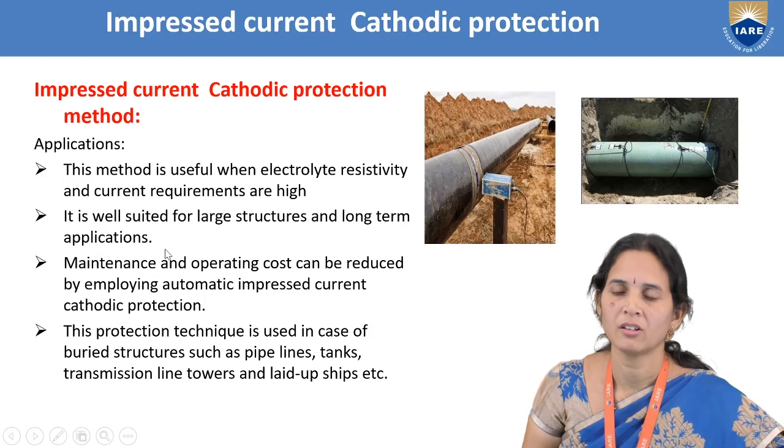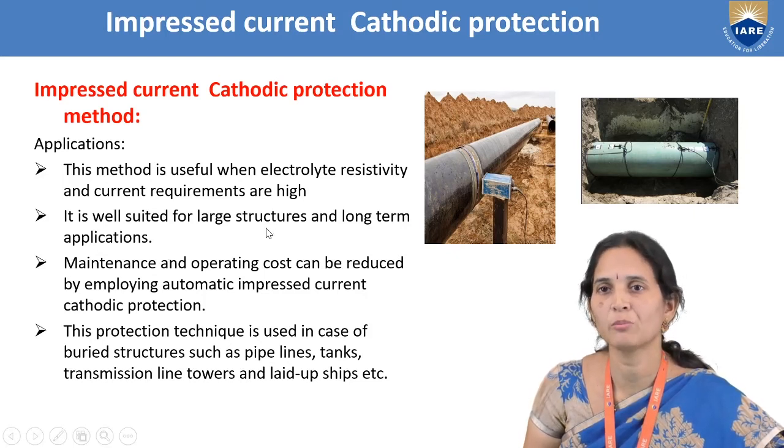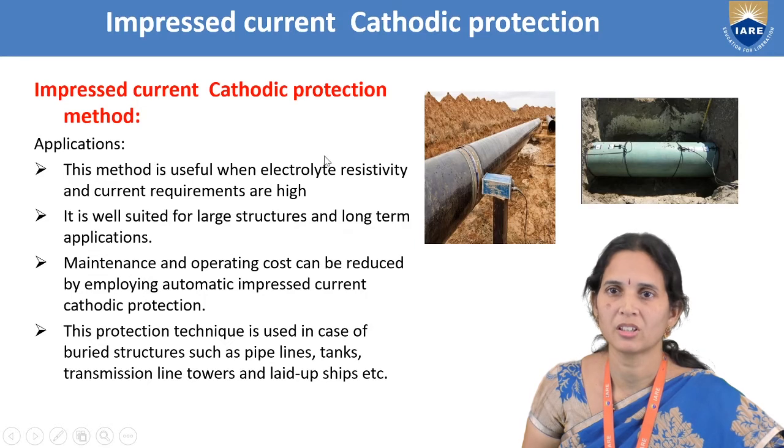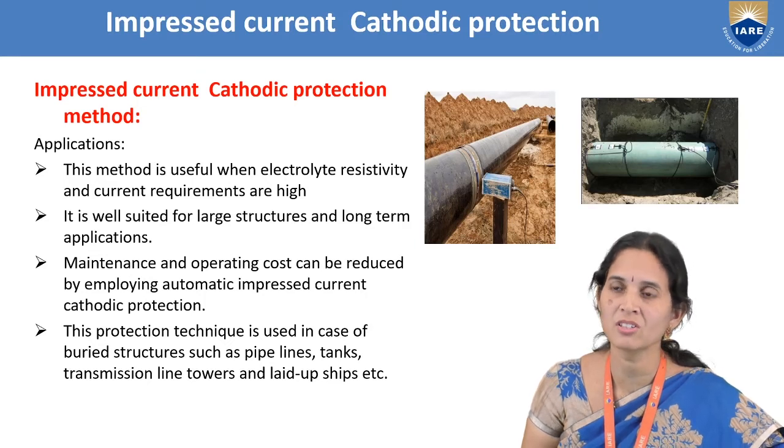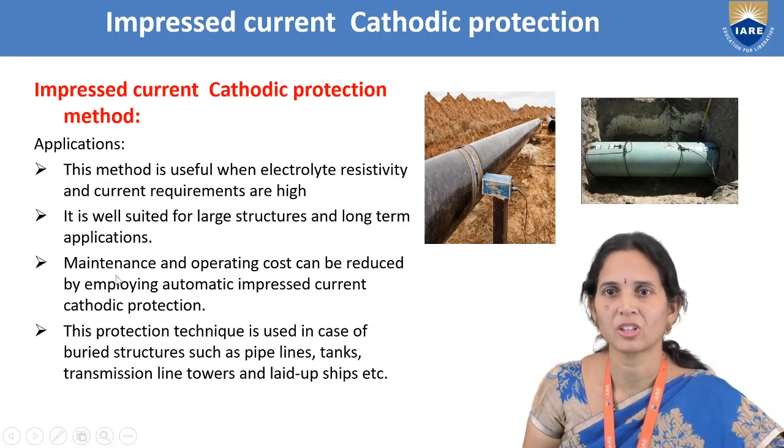When we are taking long pipes, like 100 kilometers long, or water tanks, that you want to protect, in that case we have to go for the impressed current cathodic protection method, by passing direct current to that metallic structure.